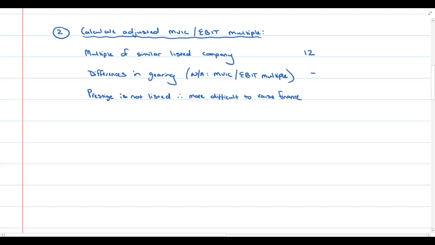All right, and this is obviously a negative factor because it's more difficult for them to raise finance, and if this makes them more risky, remember we need to decrease the multiple. So I'm going to decrease the multiple over here by 1.